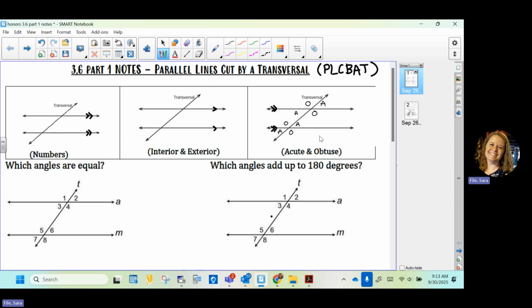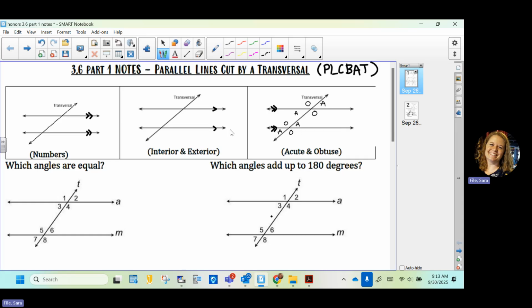They're either going to be supplementary or congruent. So if you can just identify if it's an obtuse or an acute angle, you'll know. If you pick 2 obtuse angles, they're congruent. If you pick 2 acute angles, they're congruent. If you pick 1 obtuse and 1 acute, they're supplementary. Does that make sense? Okay.